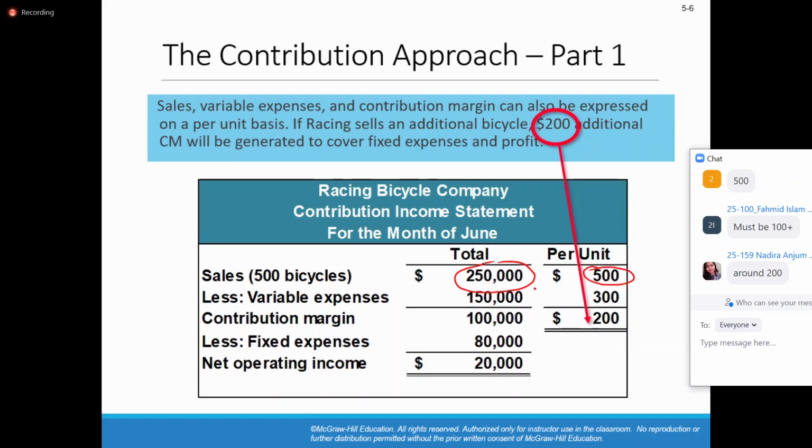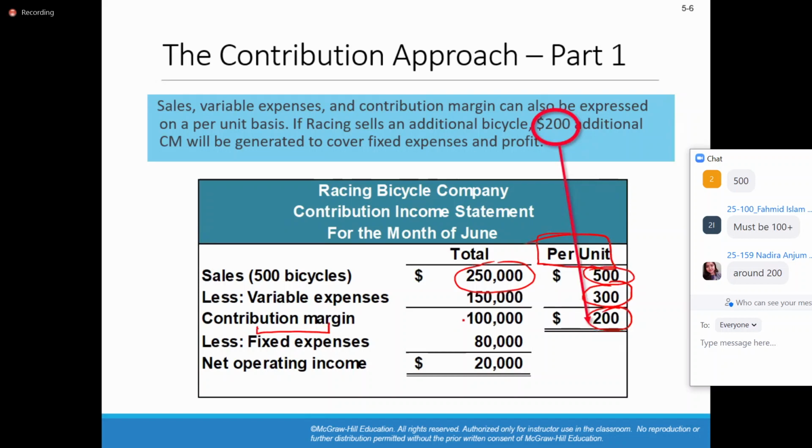And if we divide the variable expenses by the number of bicycles, we see the variable expense per bicycle is 300. So what does the remaining 200 indicate? The remaining 200 indicates the contribution margin. But this is not a contribution margin in total. Rather, this is a contribution margin on a per unit basis. So what does it mean precisely?